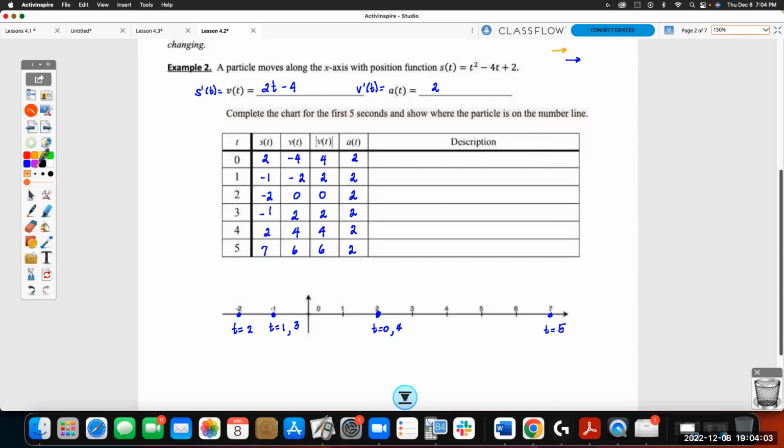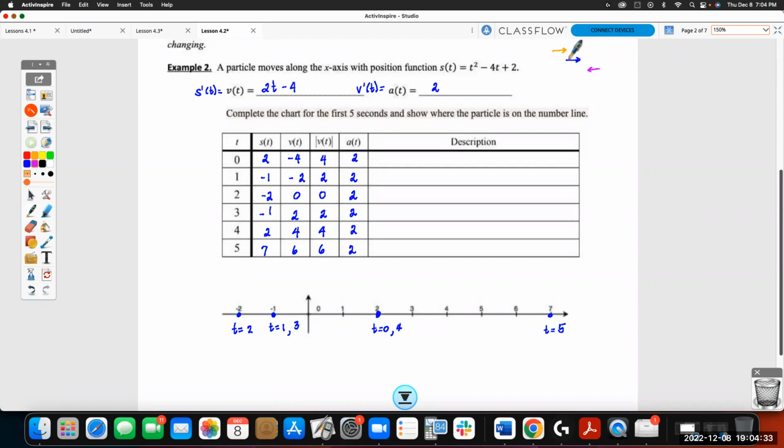Because that force of the wind would push you in the same direction. However, if you're walking to the right, and a strong wind is blowing in the opposite direction, then the wind would be pushing you backwards. So you would tend to be walking slower, right?